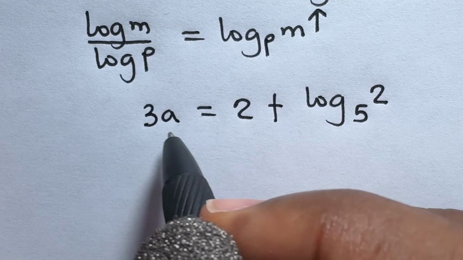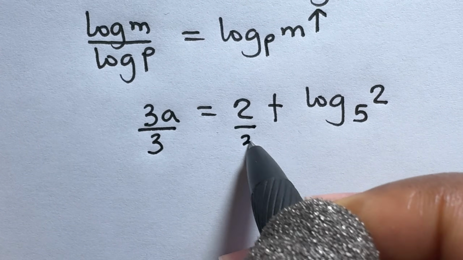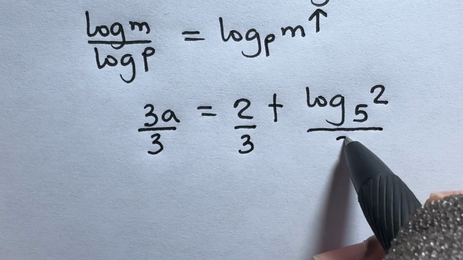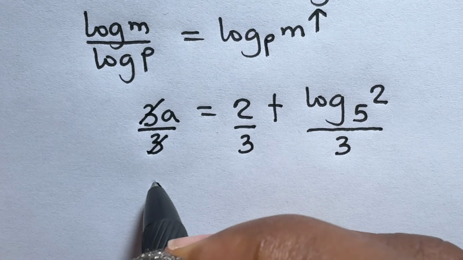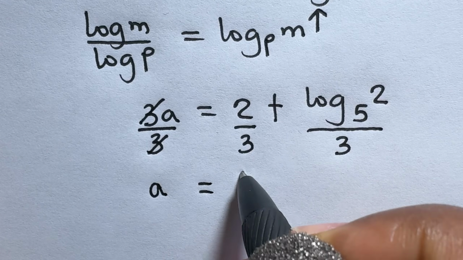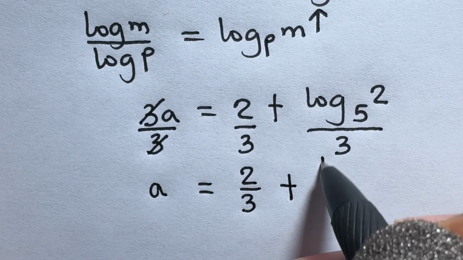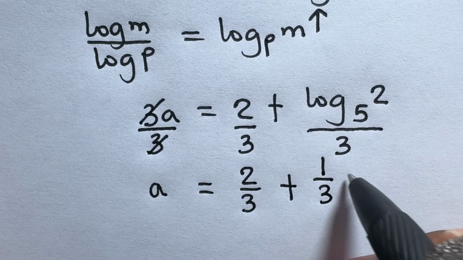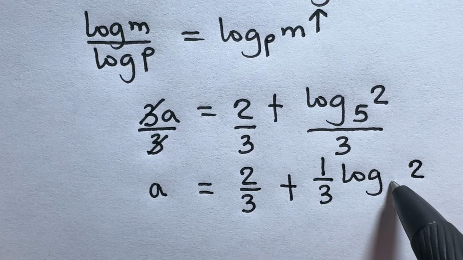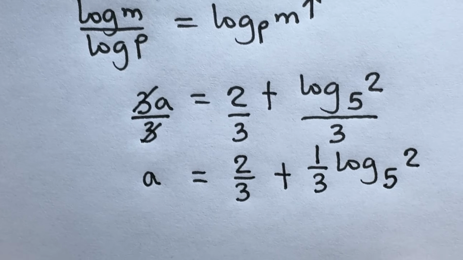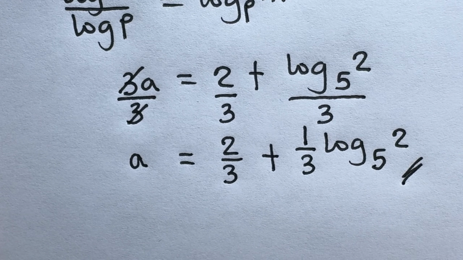Now to solve for a here, let us divide both sides by 3. Three will take care of 3 here, leaving us with a equal to 2 divided by 3, plus we can write this as 1 over 3 times log 2 base 5. This will then be our final answer to this problem.